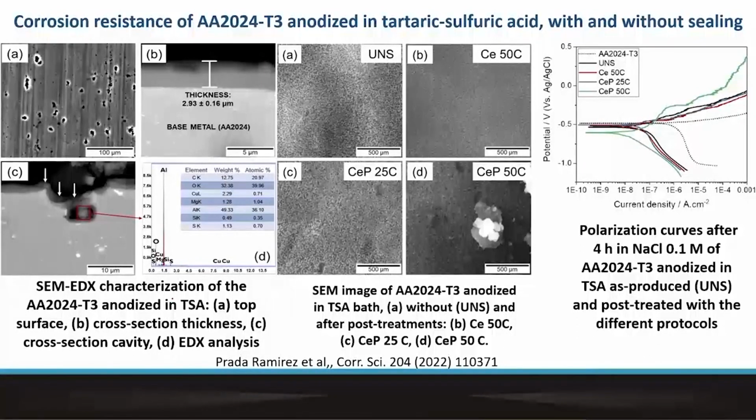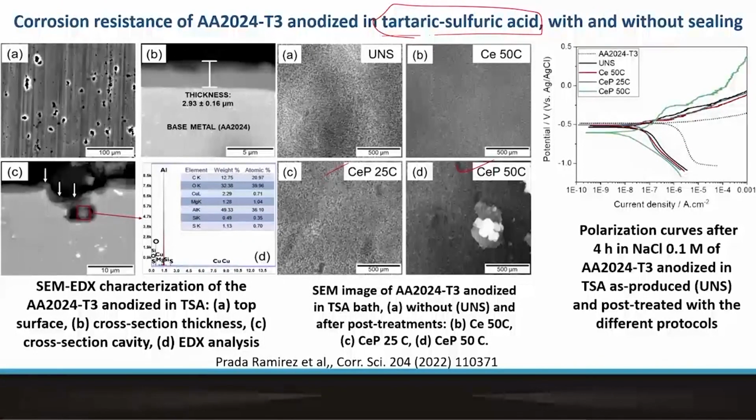So when we subject this aluminium to such an anodizing process, conversion to the oxide form, this is a research publication which shows how such anodizing improves resistance against attack of tartaric sulfuric acid. In the presence of cerium nanoparticles, they actually help in providing protection.